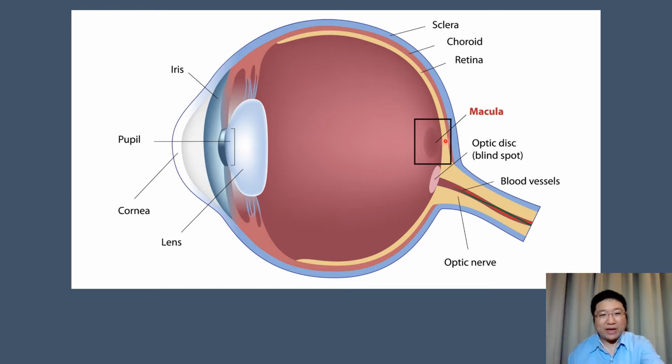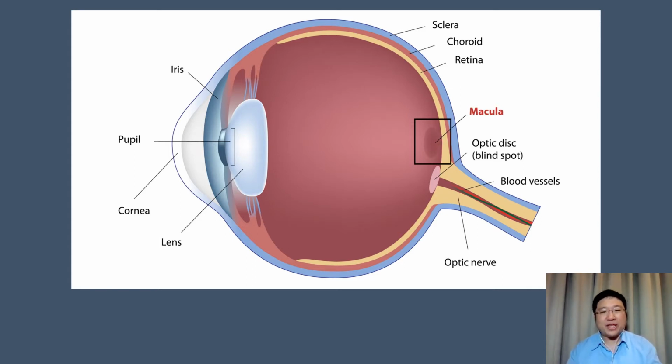It is where most of the picture of the light is received, and the central area of macula is fovea, and the center of the fovea is called foveola.